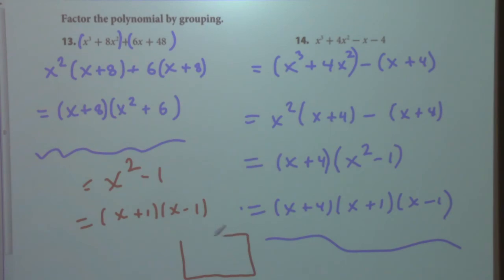Because if we multiplied x plus 1 and x minus 1, we get x squared, x minus x, negative 1. These cancel out, so x squared minus 1 is a product of x plus 1 and x minus 1. You see that? That's called the difference of squares.